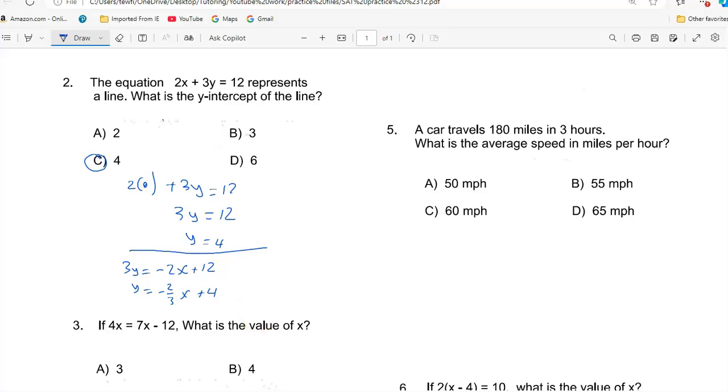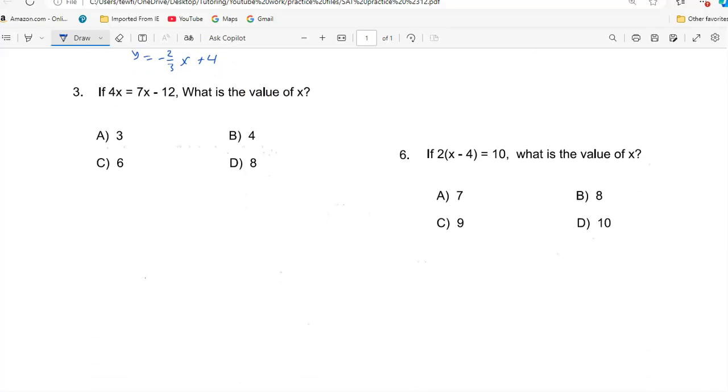For number 3, if 4x equals 7x minus 12, what is the value of x? Alright, it's an easy one. So what's your answer for number 3? Let's find out how we find x. Let's isolate x on one side.